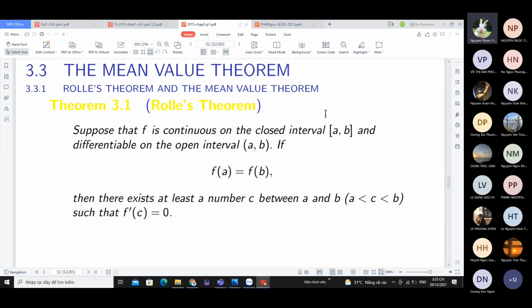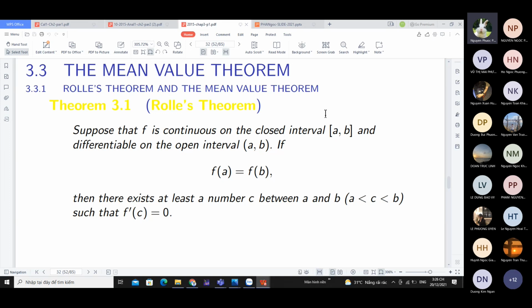And moreover, you have f of A equal f of B. Then there is a number C between A and B so that f prime of C equals 0. What does it mean?